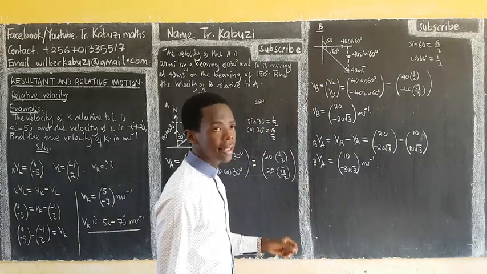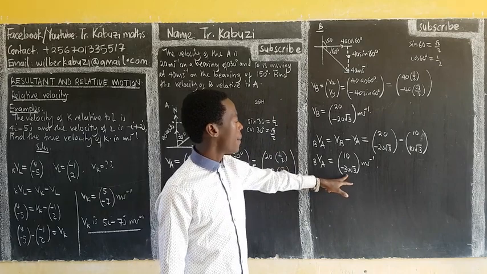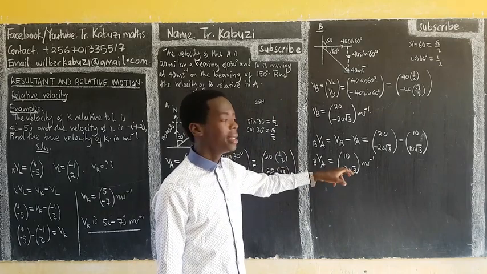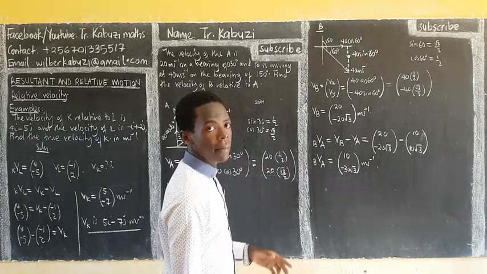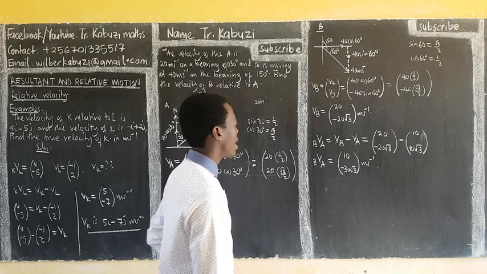After getting this, because we want the velocity, we get the magnitude and then the direction, because the velocity is given by the magnitude and the direction.